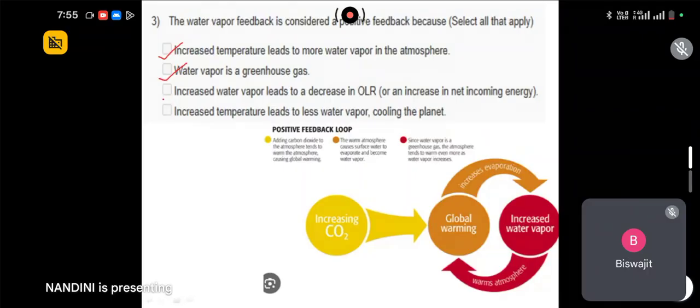Is it true? True. And the third one: increased temperature leads to less water vapor, cooling the planet. Is it true? False. So these three apply actually.